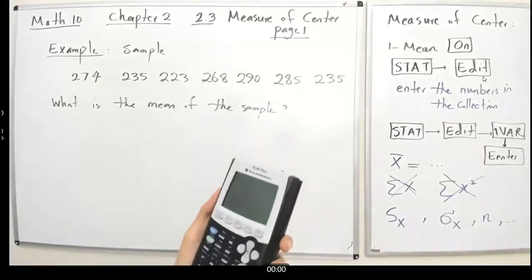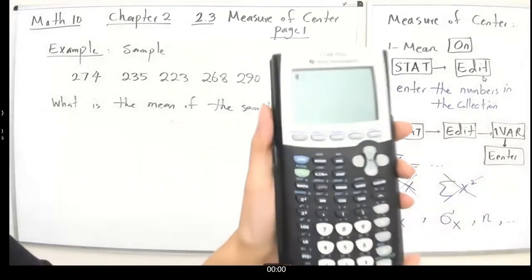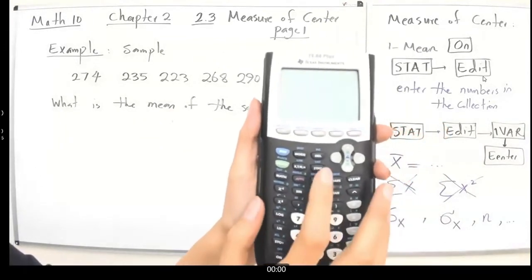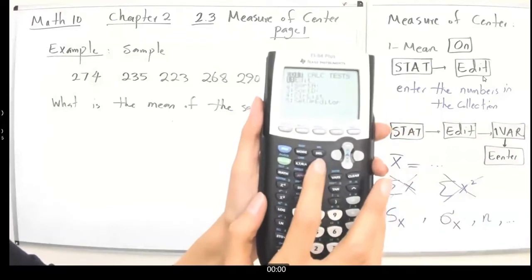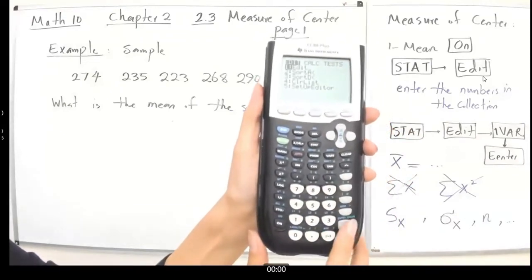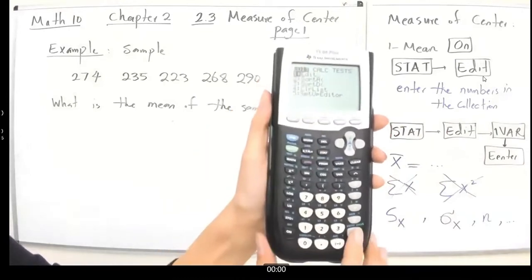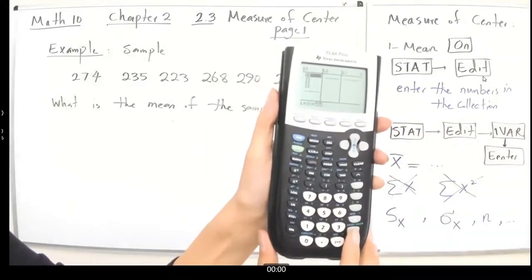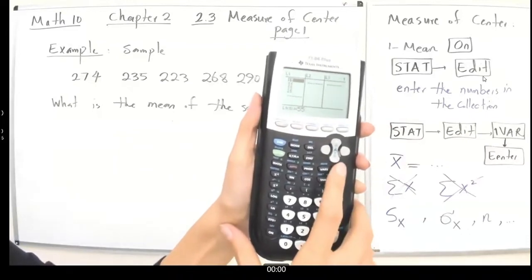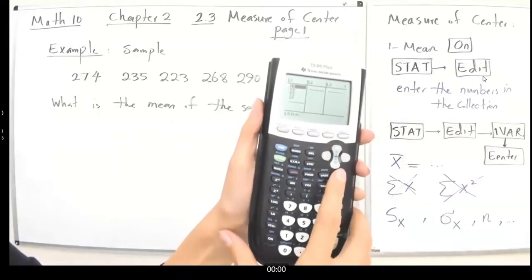Let me clear that. Okay. So now I click on Stat. I go to Edit. Edit is already selected. I'm going to clear these and enter the numbers on the board.